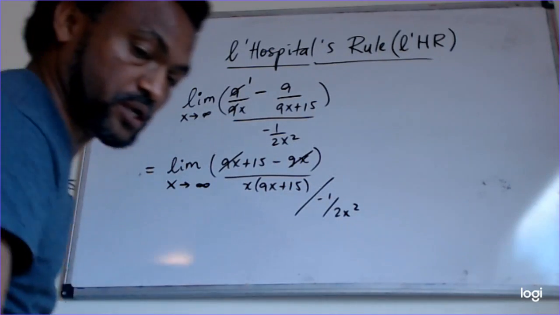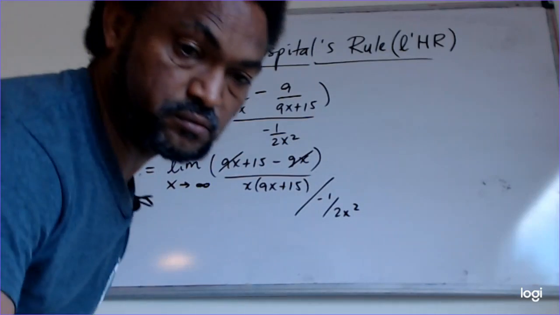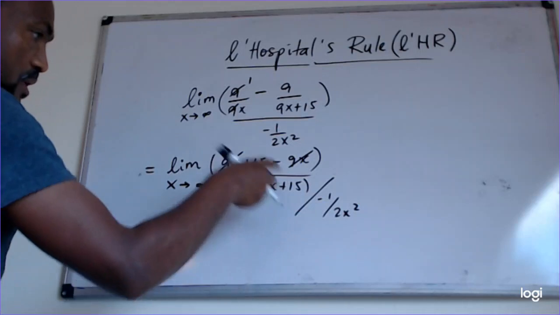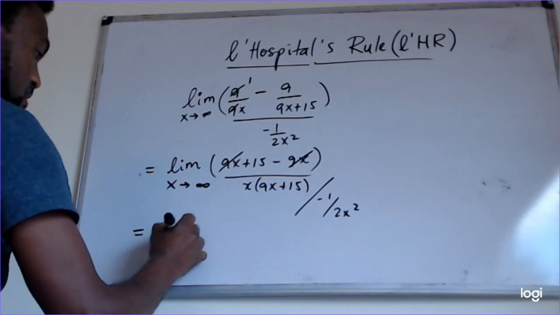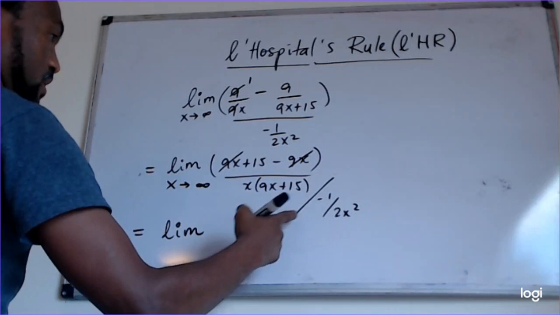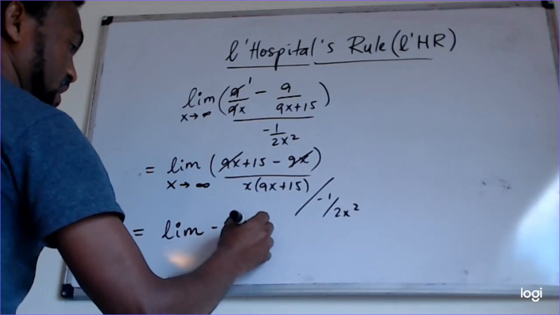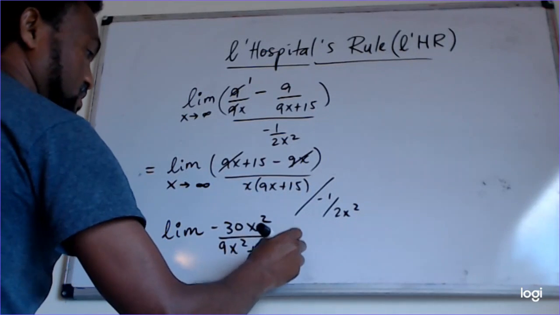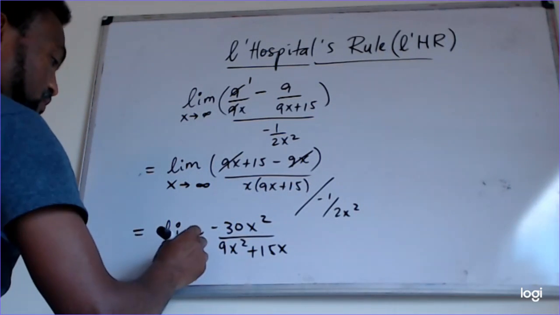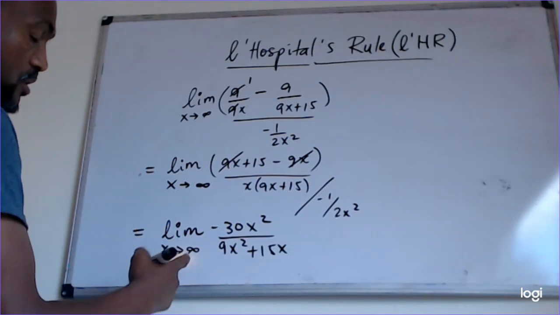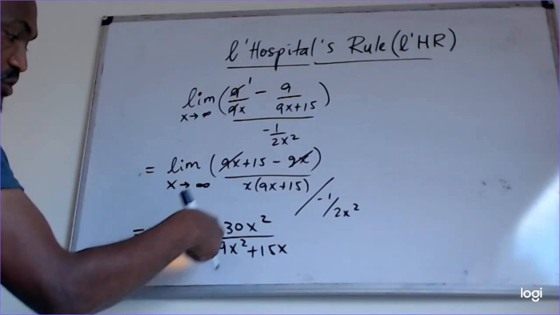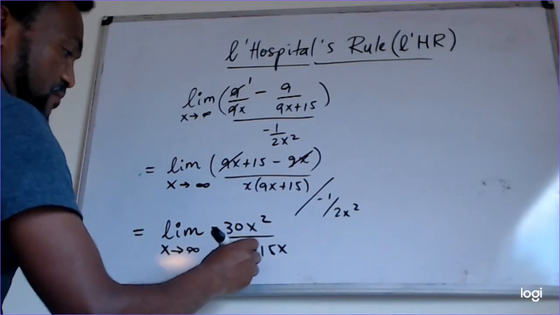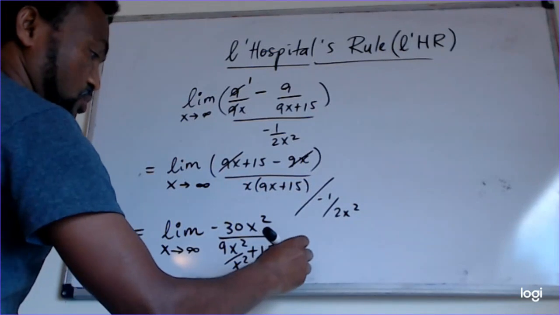So this is a rational fraction, what is called a complex fraction. So this will be the limit of negative 2 times 15, which is negative 30 x squared, over 9x squared plus 15x as x approaches infinity. Well, remember, when we have a rational function and x is approaching infinity, all we do is divide every term by the highest exponent, which is x squared.